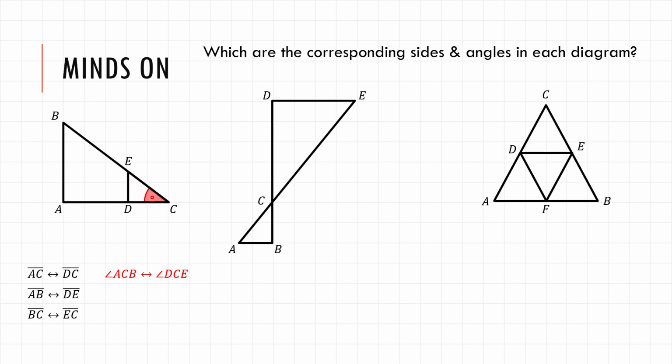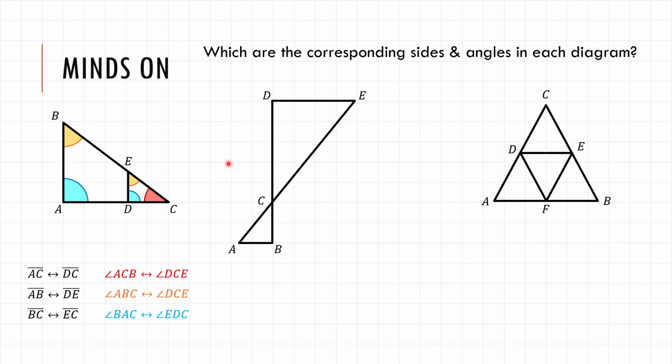Those are the exact same angle. Continuing on, this angle and this angle are the ones that correspond, so ABC corresponds to DEC. And finally, the right angle down here in the corner, angle BAC, corresponds to angle EDC.